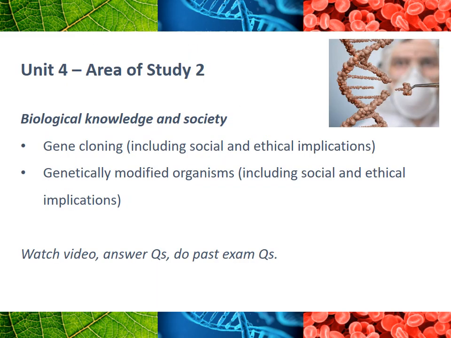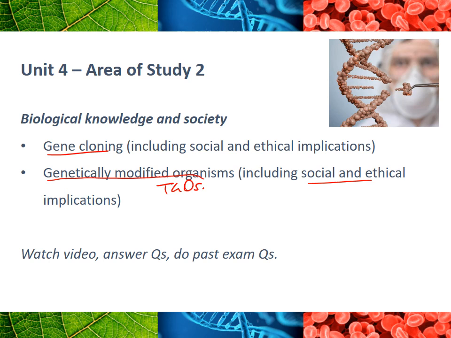Okay, so we've had a bit of a look at the social and ethical implications of gene cloning. And also we've looked at what genetically modified organisms are, what transgenic organisms are, and some of those social and ethical implications of using those technologies. So I want you to go into the Google Doc now.